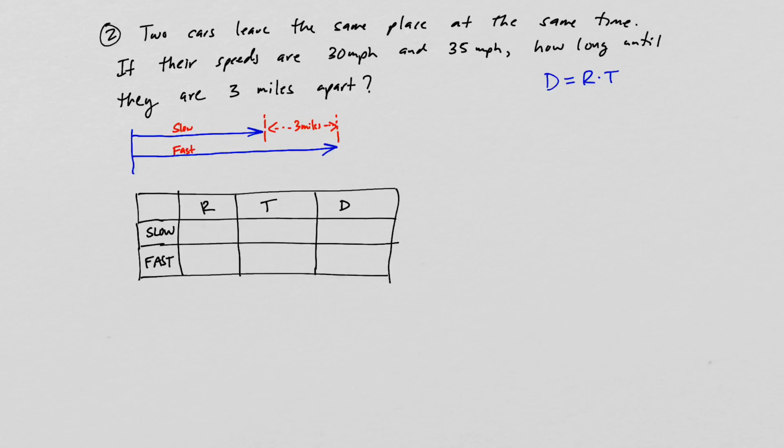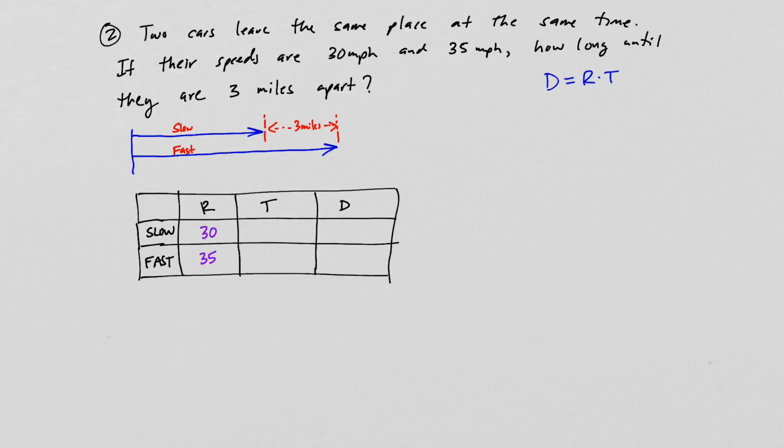So here's a very basic chart that has a column for rate, time, and distance, and a row for the slow car and a row for the fast car. And I'm going to fill in as much information as I know. The rate is how fast the car is moving, and the slow car is moving 30 miles per hour. The faster car is moving 35 miles per hour.